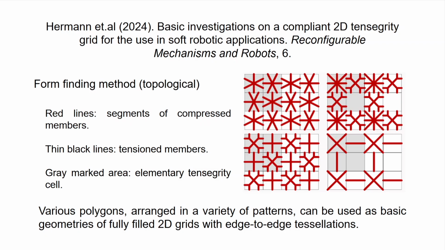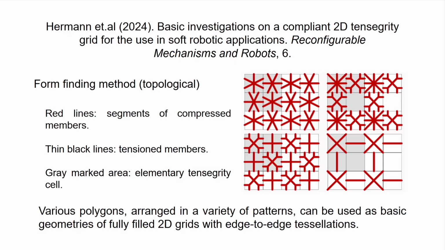So the red lines here are the segments of the compressed members. The thin black lines are tension members, and then the gray marked areas, these cells that are gray, are elementary tensegrity cells. I didn't dig deep enough in this paper to really understand it intimately, so I'm probably missing things here, but basically this grid is the whole tensegrity structure.